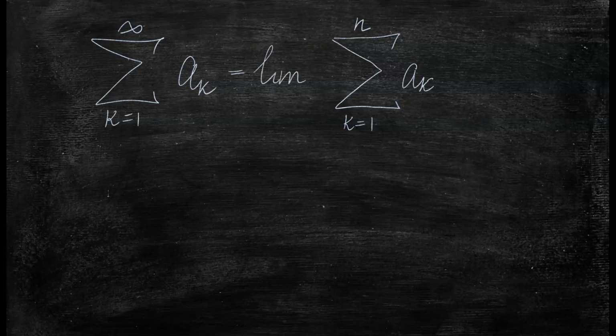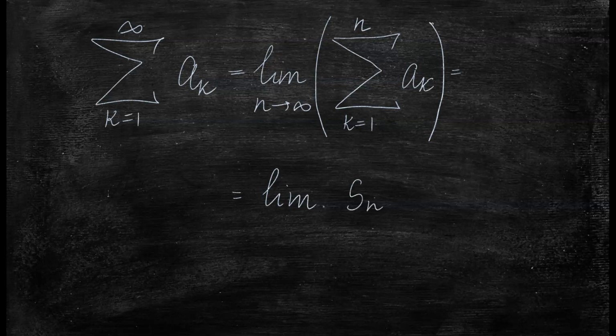And if we take the limit as n goes to infinity, what are we going to get? We're actually going to get the limit of Sn. And basically, what we learned from the previous two examples, whatever that limit of Sn is, could be infinity, could be some L, it may not exist. That's what we're going to call the limit of the original series.